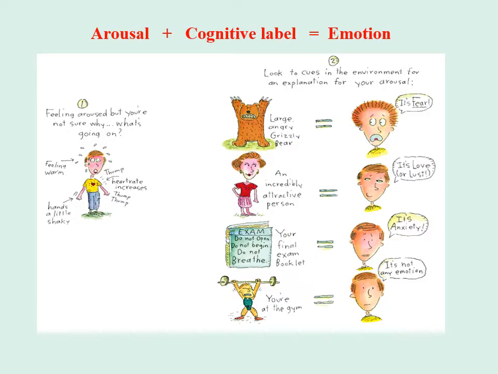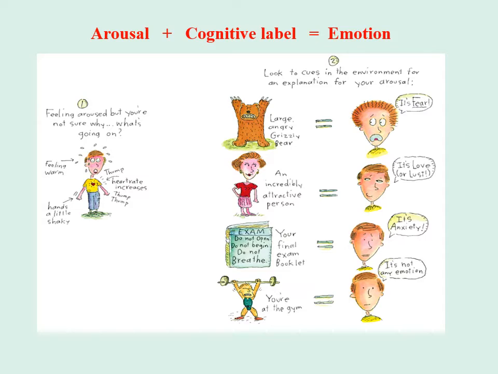In other words, what the two-factor model really predicts is that emotion is a function of two components, an arousal and a cognitive label. As this cartoon shows, you might experience arousal, feeling warm, your hands are a little shaky, your heart is thumping, but we don't know what this arousal means. We'll interpret it depending on the situation we find ourselves in.